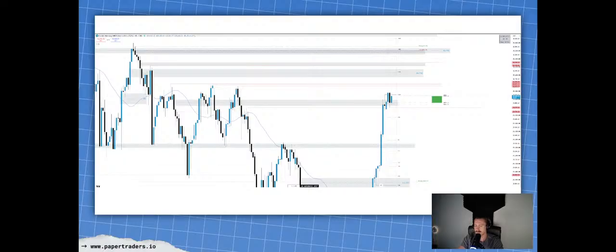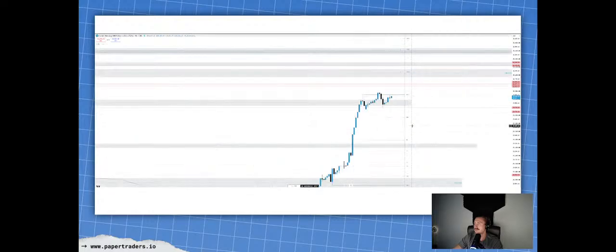The hourly, let's see what we have going on in the hourly.